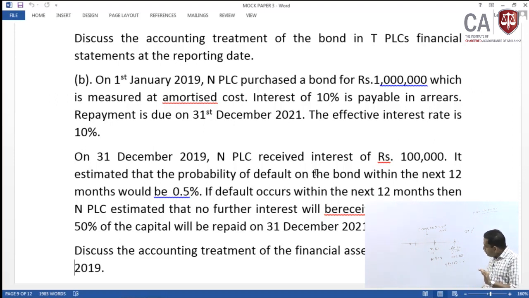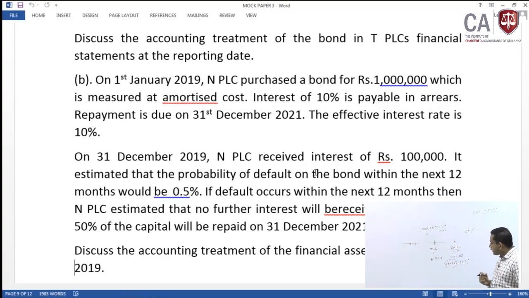If this default event occurs within 12 months time from the reporting date, this is going to be a total loss, but the chances of that event happening is only just 0.5%. Now only you calculate expected credit loss.